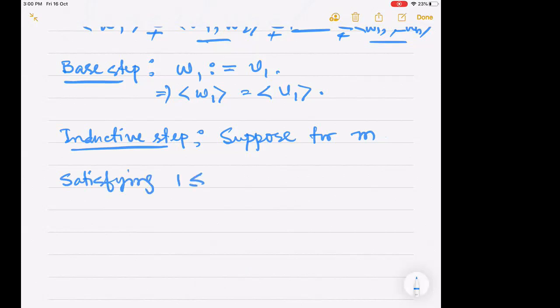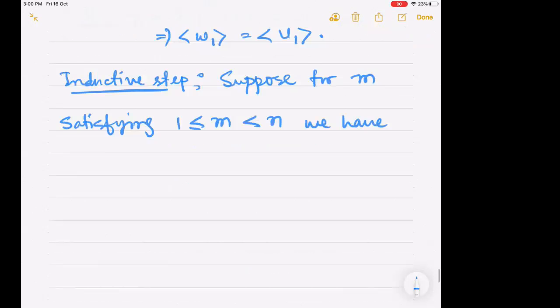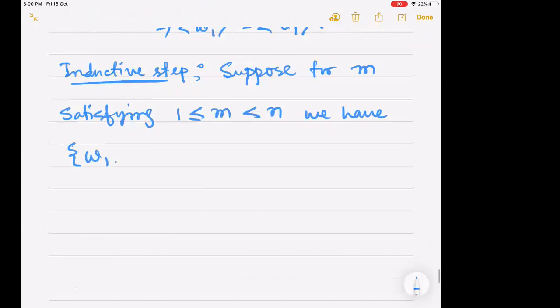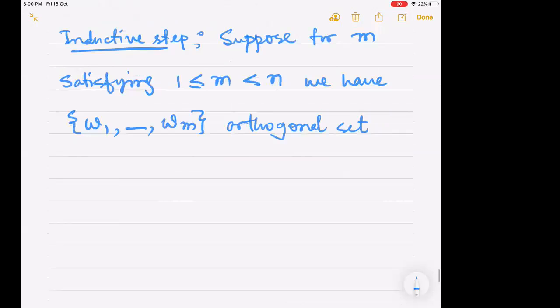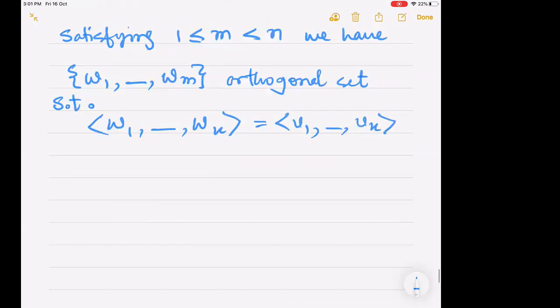1 ≤ m strictly less than n, we have W1 up to Wm, an orthogonal set, such that span of W1 up to Wk is equal to span of V1 up to Vk for all k up to m.